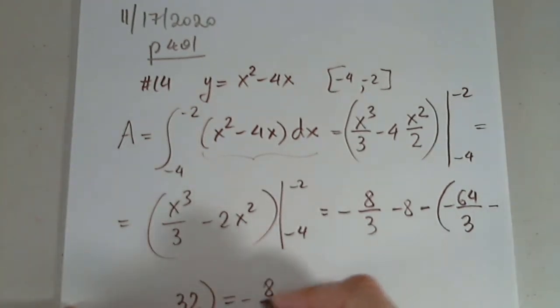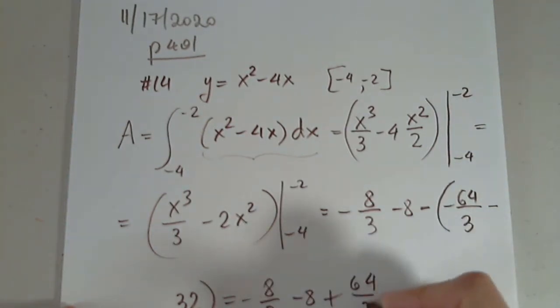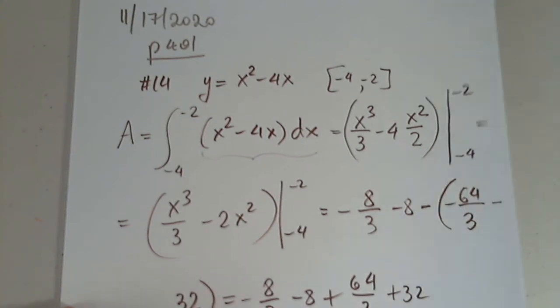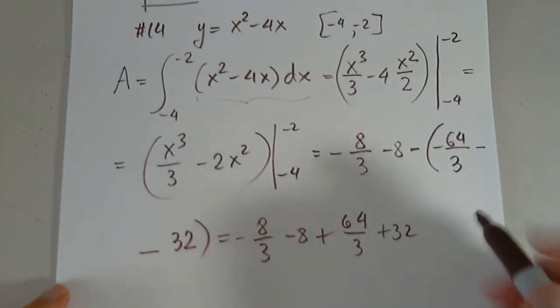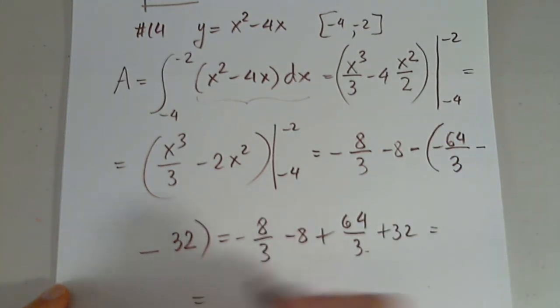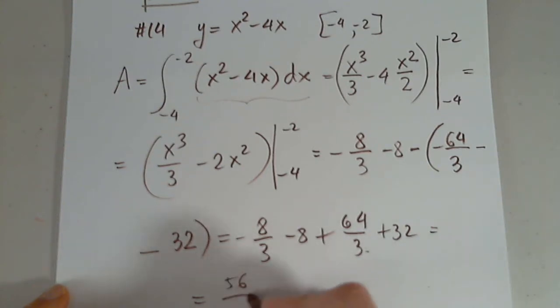So this is -8 thirds minus 8, and then plus, as you see, 64 over 3, and also plus 32. 64 minus 8, because they're both over 3. So I think that this is 56 divided by 3.